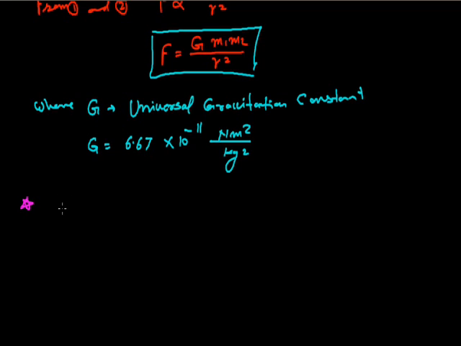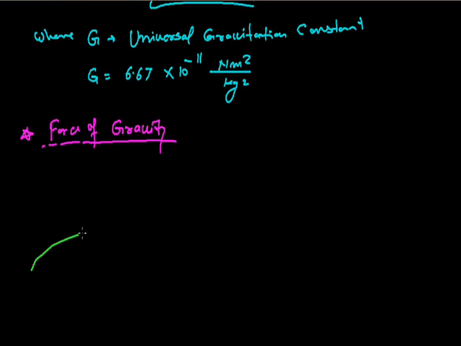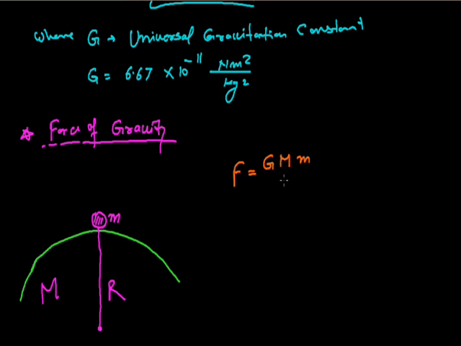And between two masses, if one of them is our earth, the force of gravity: a small mass m is placed on the earth, r is the radius of earth, and mass of the earth is capital M. Then the force between the earth and the mass is given by, from the above example, F is G M m upon r square, because here r is the distance between the center of the earth and the center of the mass.